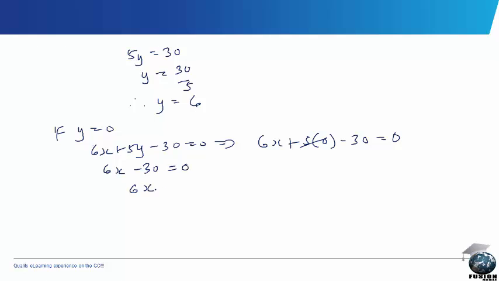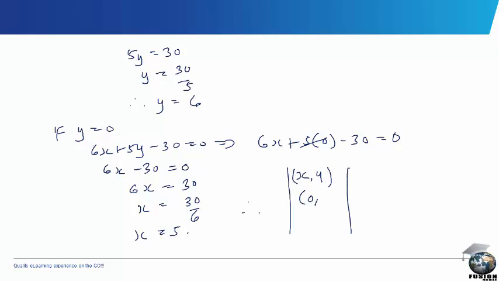So 6x will be equal to 30, and x will be equal to 30 over 6, so that x will be equal to 5. Therefore for the two coordinates, when x was 0, y was 6, and when x was 5, y is equal to 0.